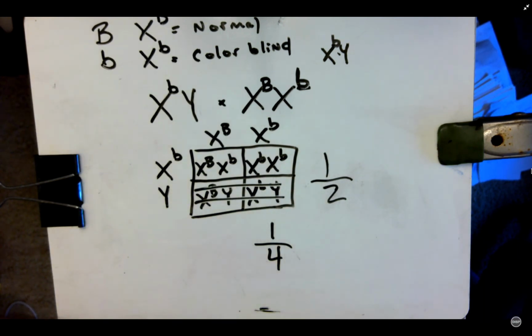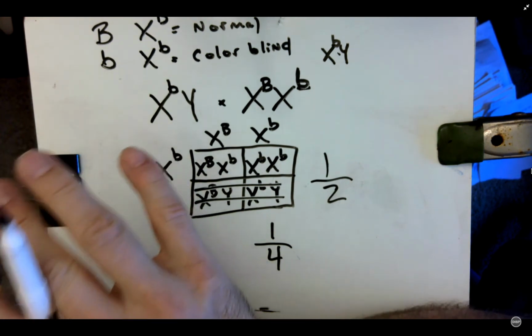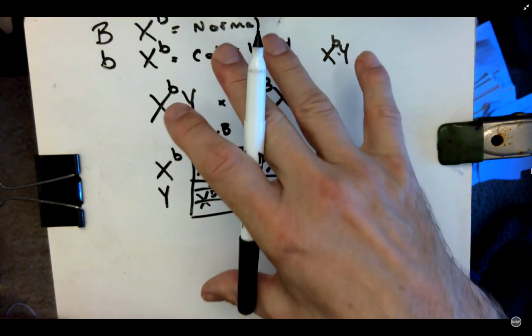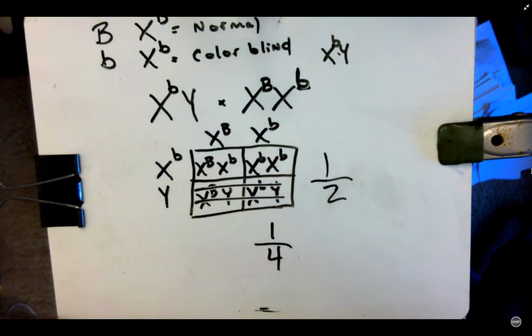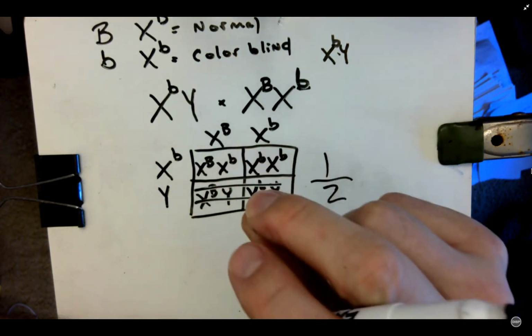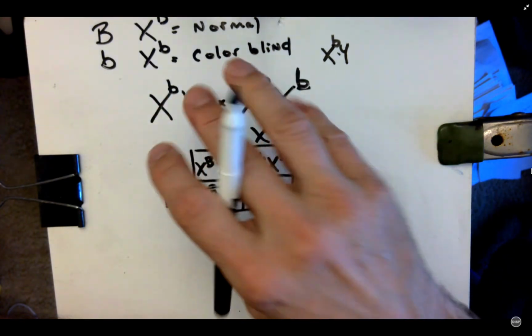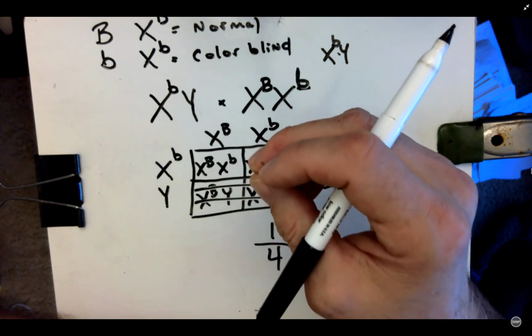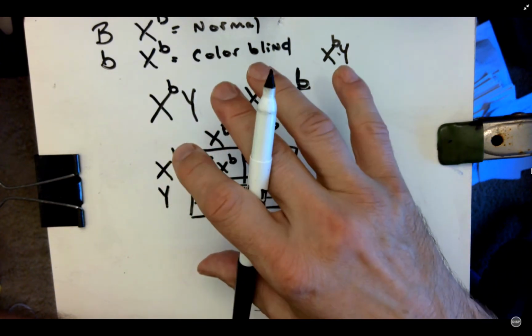So 1 out of 4 will be a colorblind son. That is how you work on solving a problem like this: pick apart each part of that question, and pull out all the information you can before trying to solve the problem.